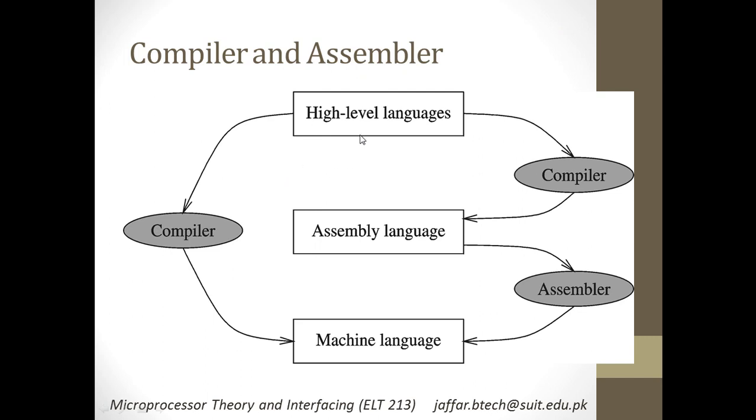You can see that if you want to go from higher level languages towards machine level languages, you can either go directly through the compiler, or you can use the compiler to shift your language into assembly language, and after that code is converted into assembly language, you can use an assembler to convert into machine language. So it is basically a two step, indirect path. This is the indirect path.